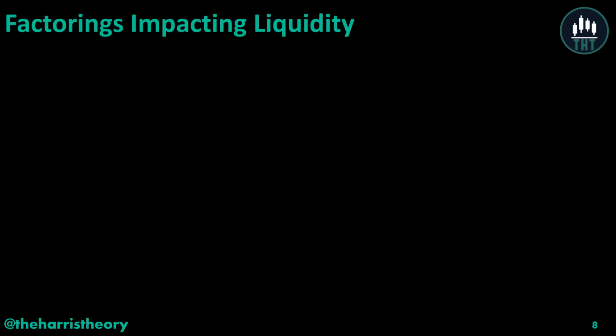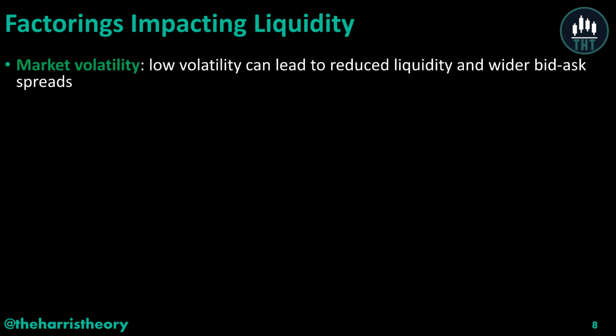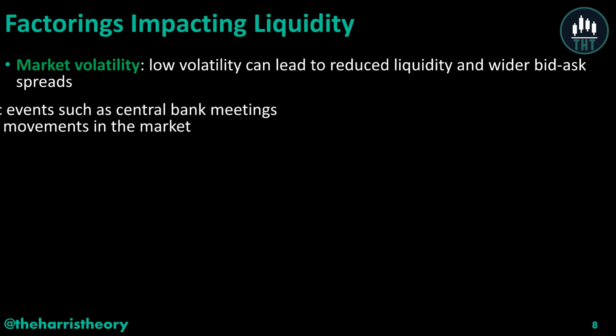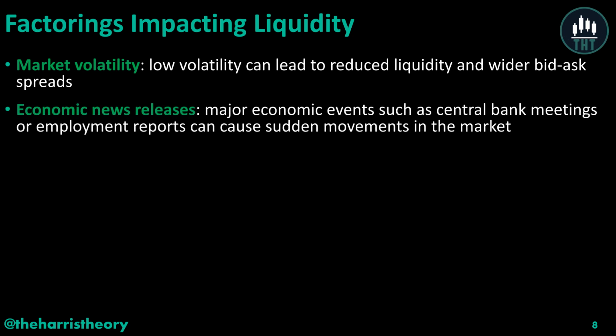Factors impacting liquidity. Market volatility. Low volatility can lead to reduced liquidity and wider bid and ask spreads. Economic news releases. Major economic events such as central bank meetings or employment reports can cause sudden movements in the market. Market hours.